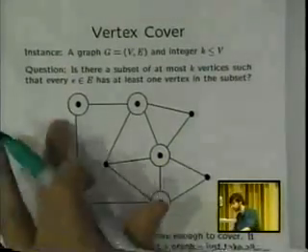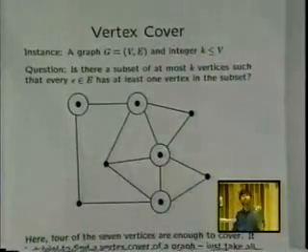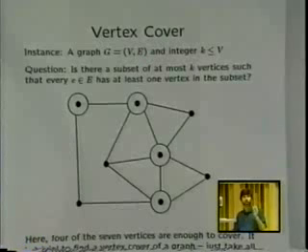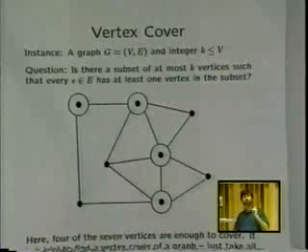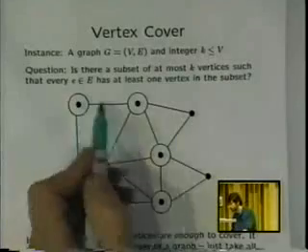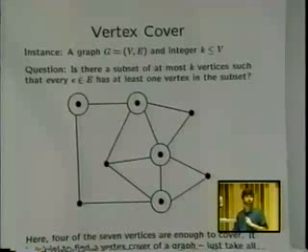You may think of the edges as, let's say, people, and the vertices as groups. You want to know how many groups you have to send email to in order to guarantee that every person is reached by sending mail to some group. That's an example of what's happening here.